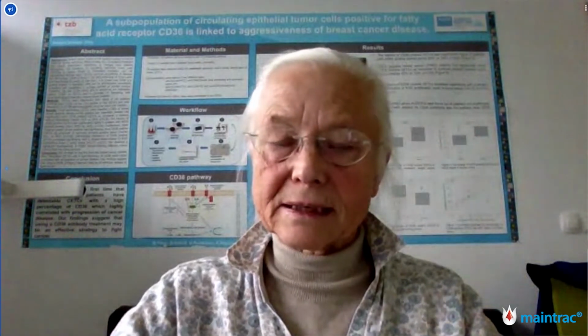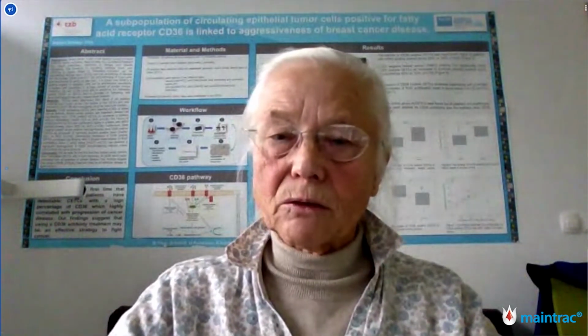That's exactly it: if you try to remove the tumor cells from the white blood cells, you will enrich them, but you will at the same time also lose tumor cells. And that's why we decided not to do any enrichment step apart from the red blood cells, which we remove by lysis. And then we retain all the cells in the blood sample. But that's what distinguishes us from others.